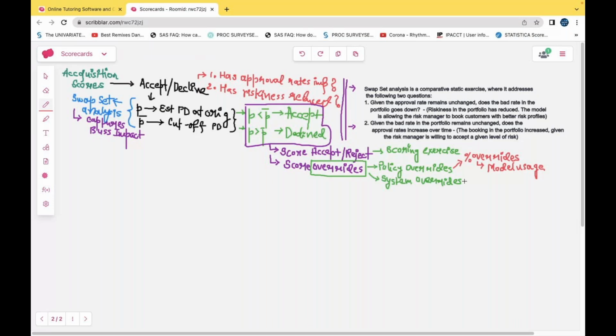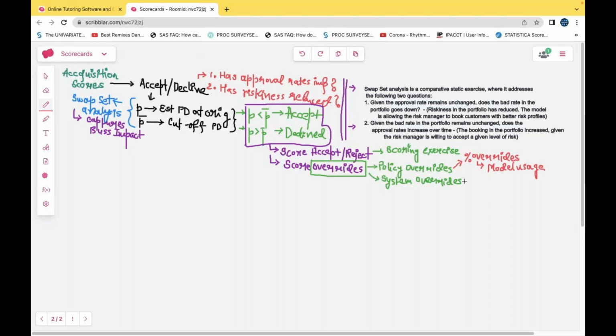The higher the percentage of overrides in a data or in a model, the more it shows the limited usage of the model. So it is very important that when the model is being built, the scope of the model is well defined, and exclusions to the scope are properly defined in the data, and the scoring mechanism should not be applied to those excluded accounts, right?